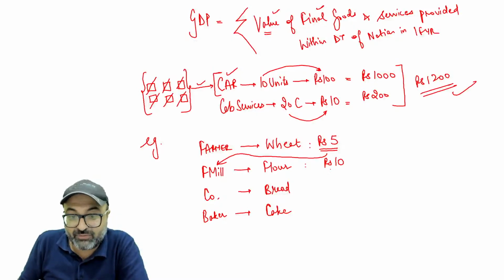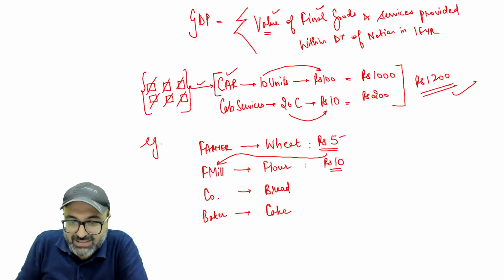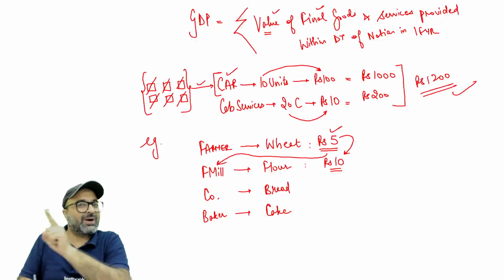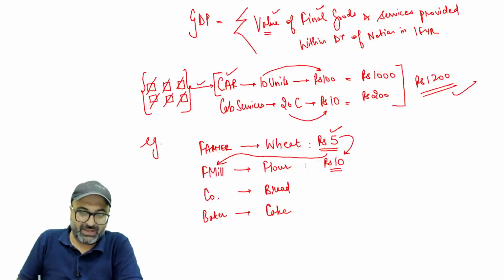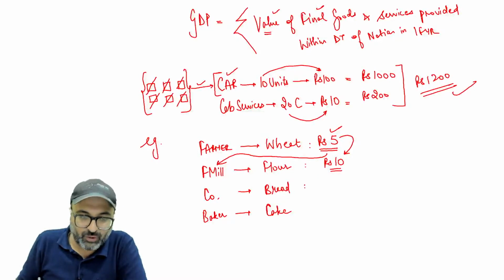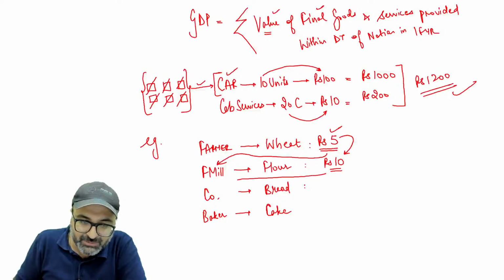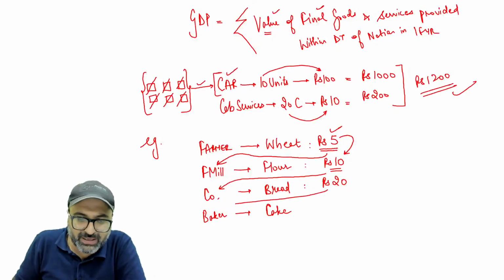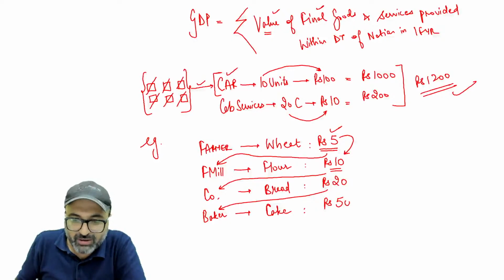So if I say flour price is 10, in this 10 rupees, 5 rupees value of wheat is already added. So I'll not add 5 rupees again. Now this 10 rupees flour was entirely purchased by the company, and it has converted it into bread of 20 rupees. 20 rupees bread was entirely purchased by baker, and he has converted it into cake for 50 rupees.